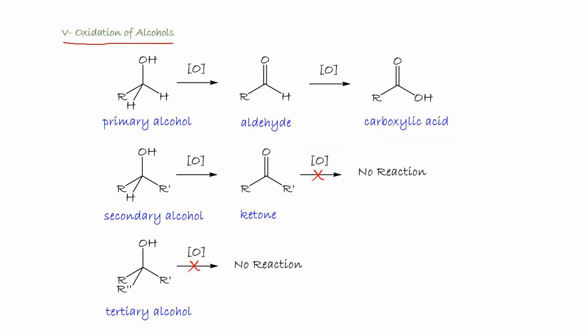Oxidation of alcohols. Primary alcohols can be oxidized to aldehyde, which can further oxidize to carboxylic acid. Secondary alcohol can be oxidized to ketone with no further oxidation.